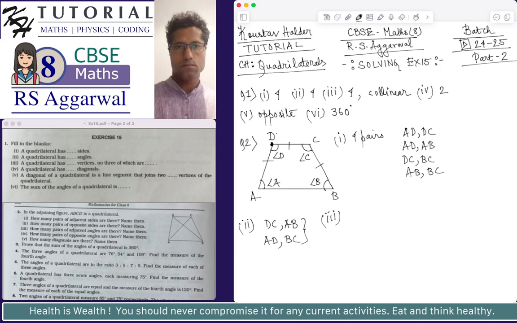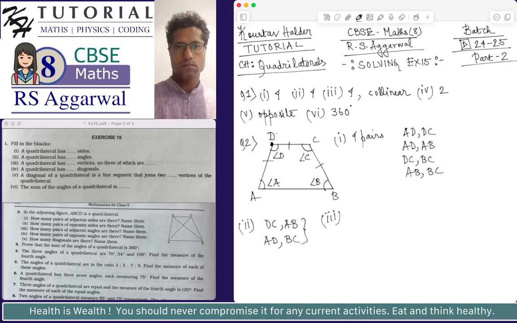So the question is how many pairs of adjacent angles are there. Two angles in a quadrilateral are said to be adjacent if they have a common arm.